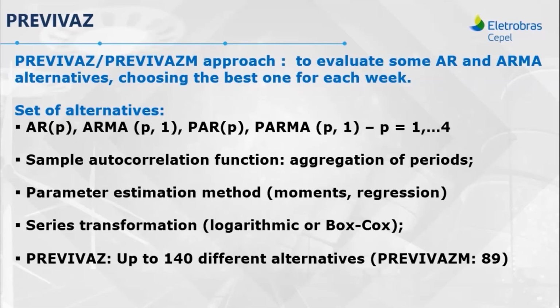We use these methods to obtain the parameters: moments and regression. Regression can be a simple regression or a regression to the average. We can transform the series using the logarithmic transformation or not. The total of alternatives is 140 for Previse, and 89 for Previse M.